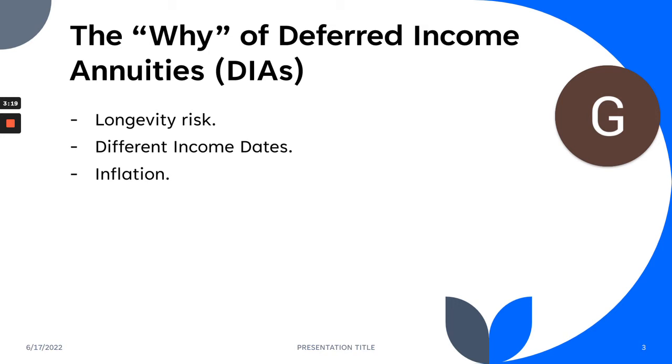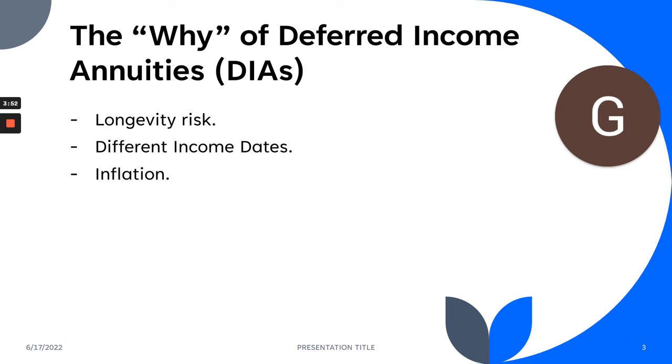By that I mean if someone has a history of a family that lives a long period of time, or they're concerned that they're going to live a long period of time, and they don't want to outlive their resources, a DIA may be the perfect plan for you because a DIA is going to make sure that you know the stream of income that you're going to get at some time in the future so you can budget accordingly, and you're guaranteed to not lose that money at any time, or in some instances for the rest of your life if you select a life income type of option, let's say.